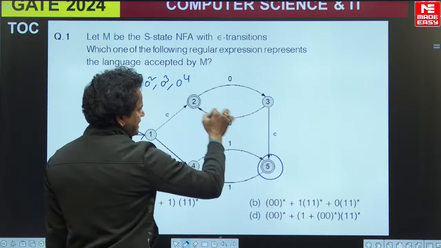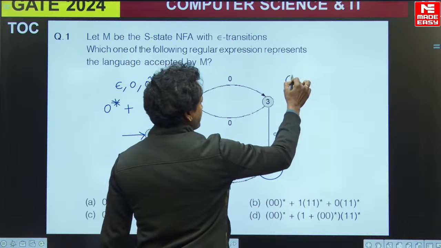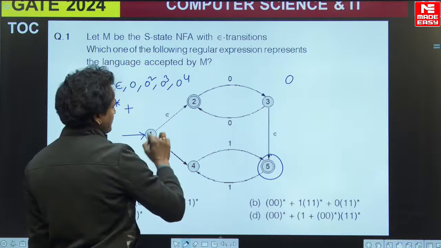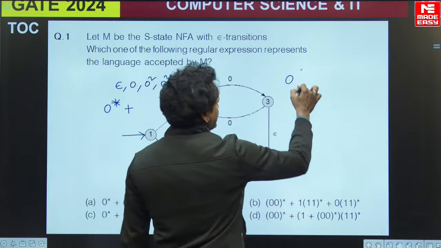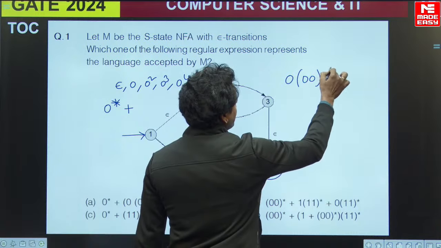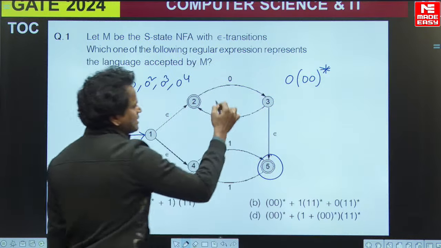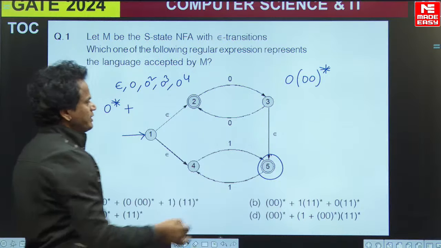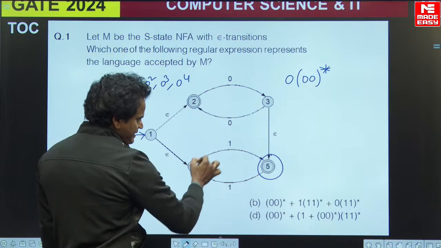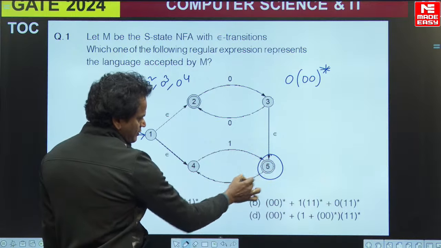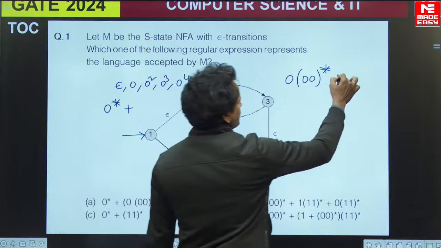Then we can take any number of zeros, meaning I will come to the third state from 1. After that 0 0 0 0 0 0, like that we can take any multiple of 00. Then we can go to the final state, or we can end with 1 1 1 1, we can take 1 1 whole star.